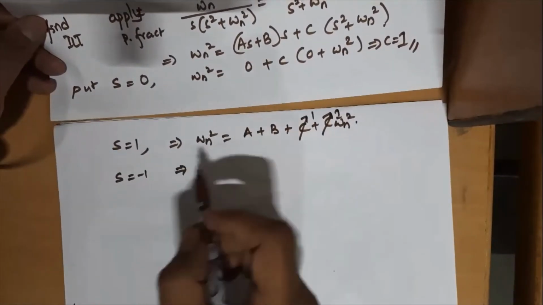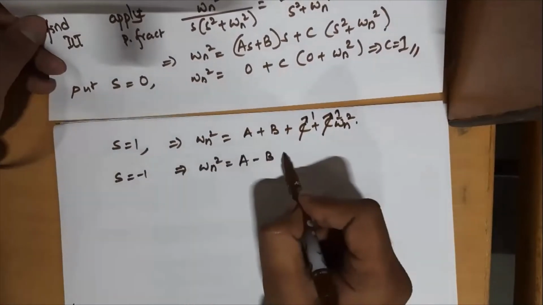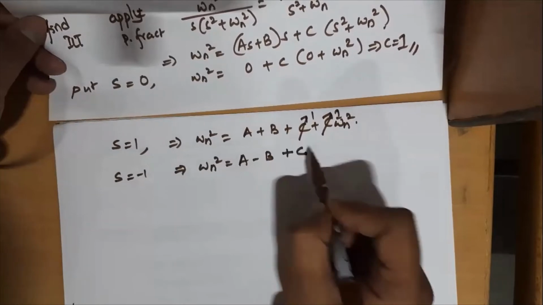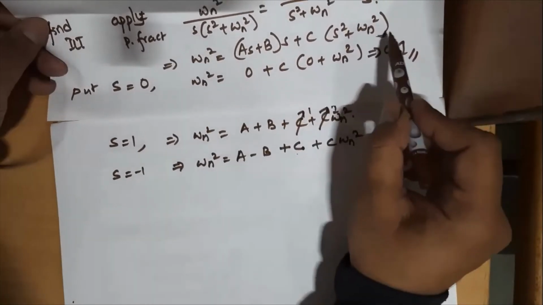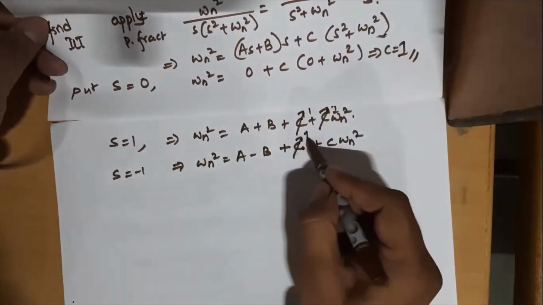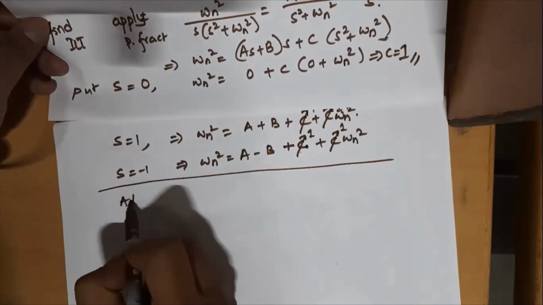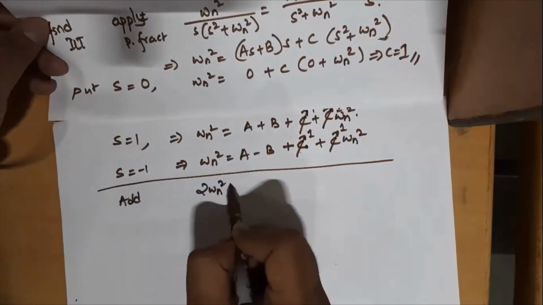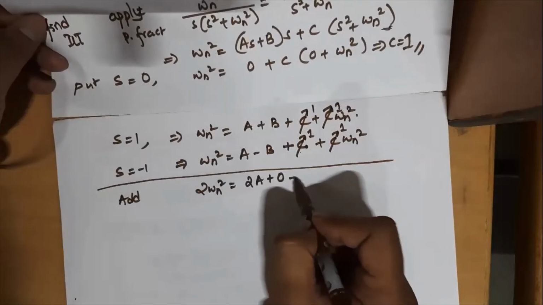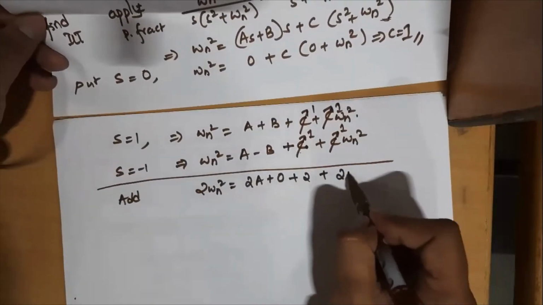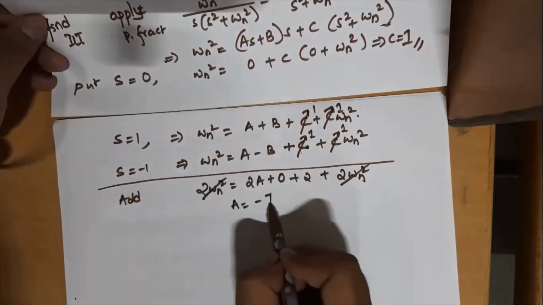Similarly, substitute s equal to minus 1: omega n square equal to a minus b plus c omega n square, because we have a square here. So again, c is unity. So I can make any mathematical step, either addition or subtraction, and we should get the answer.